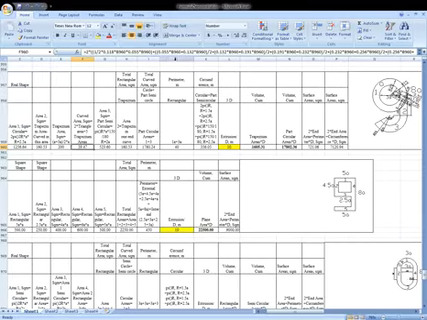How many trapeziums are there? 1, 2, 3, 4, and this is the 5th one here. This is triangle 1 here, 1 here, 3, 1 here, 4, and this is the 5th one. 5th one into 2. That's fine.